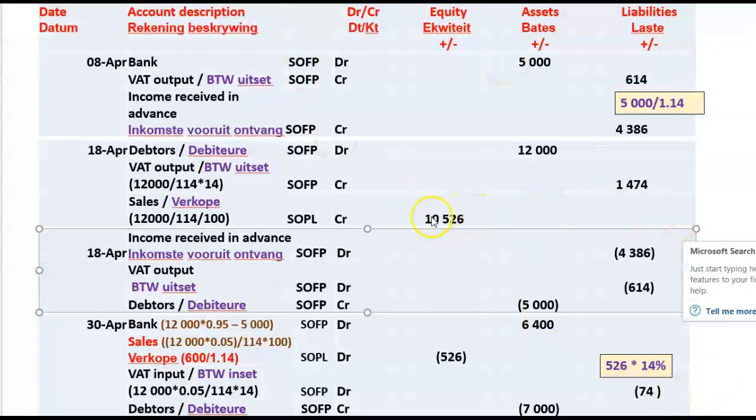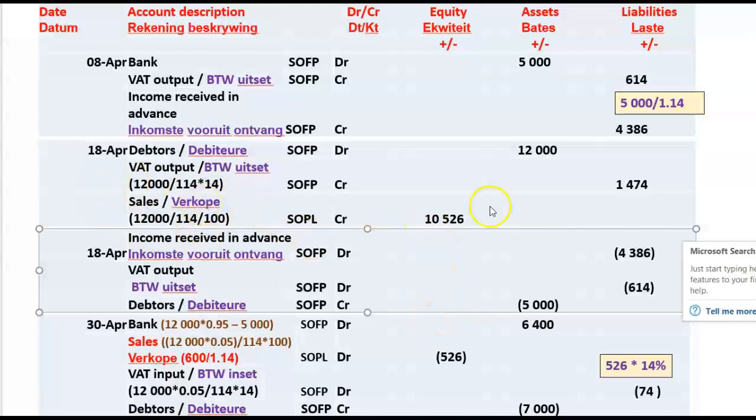I have recognized 10,526 rand worth of sales based on a 12,000 rand invoice. But what was the actual amount that I have collected on the sales transaction? Only 11,400 rand. So if I take 11,400 and I divide it by 1.14, the VAT exclusive amount is 10,000 rand.